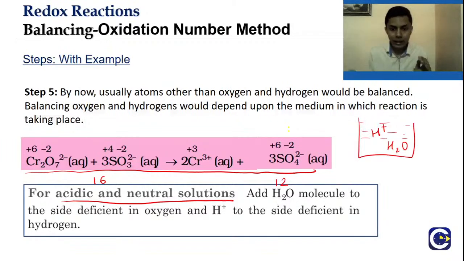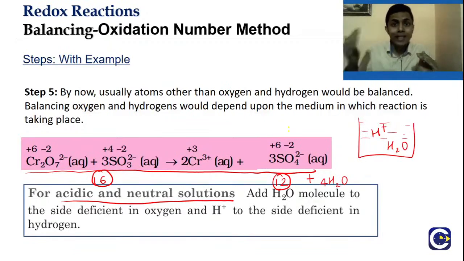Wherever oxygen is less. In this case, as you can see here on the product side, only 12 oxygens are there. On the reactant side, 16 are there. So 4 oxygen you need to add. So when you want to add 4 oxygen, you do so by adding 4 water molecules. Got it? So in acidic medium, you add water to the side where oxygen is less.